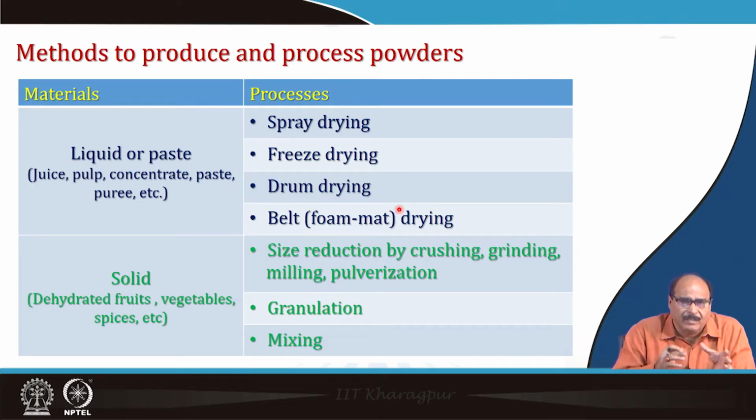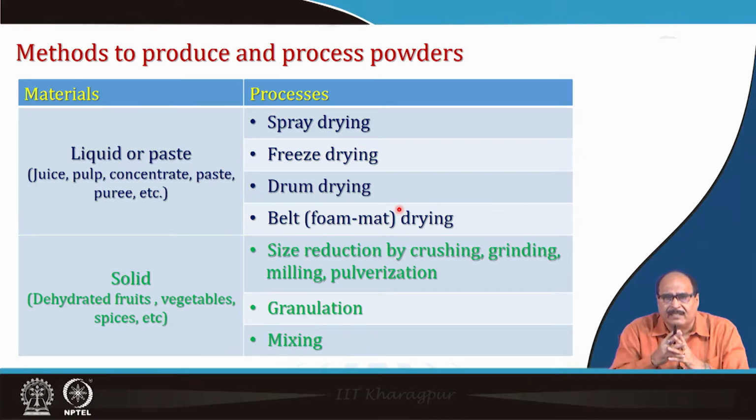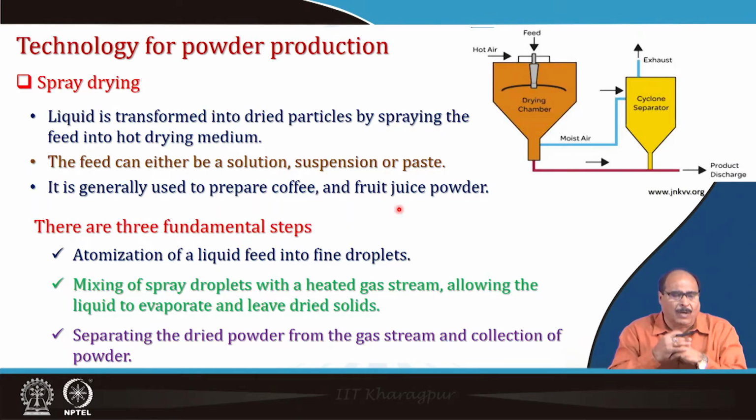The material might also be in the solid state, like dehydrated fruits, dehydrated vegetables and spices. For them, appropriate size reduction technology is used, that is crushing, grinding, milling, pulverization, then finally granulation and mixing. These are the processes used for the preparation of powders.